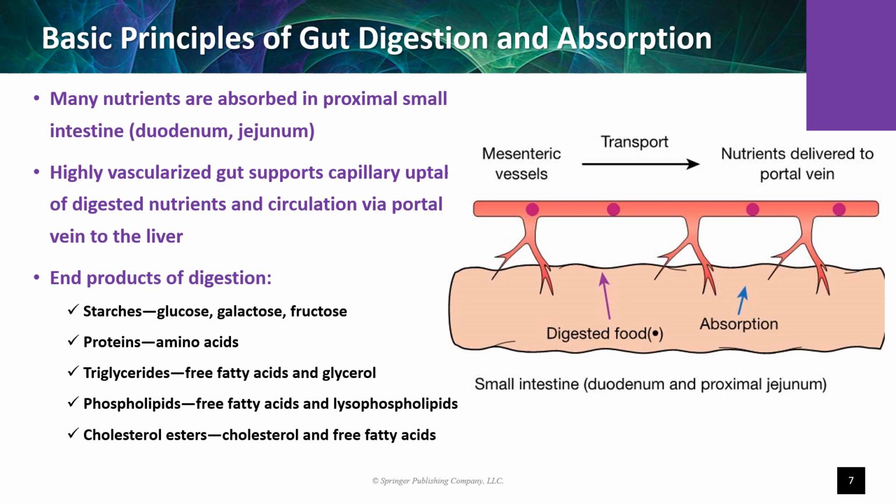Absorption of the products of digestion along the small intestine depends on the uptake into the adjacent blood vessels along the length of the tract that converge to form the superior mesenteric vein. The superior mesenteric vein joins the portal vein, perfusing the liver prior to returning to the vena cava.